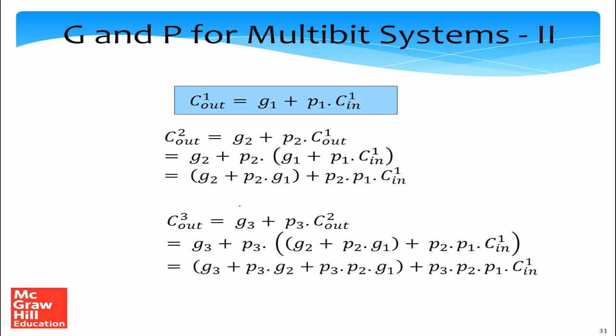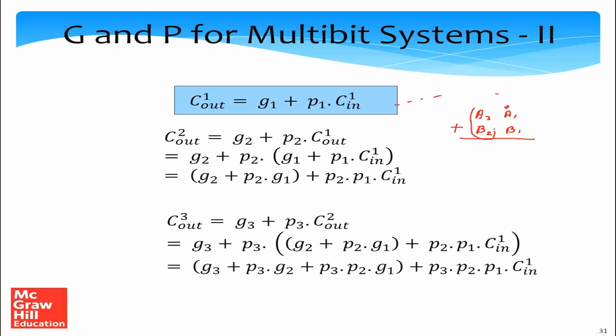Now let's consider the second bit pair, so basically the two bits A2 A1 and B2 B1. So for the first bit pair, this is the equation, right?